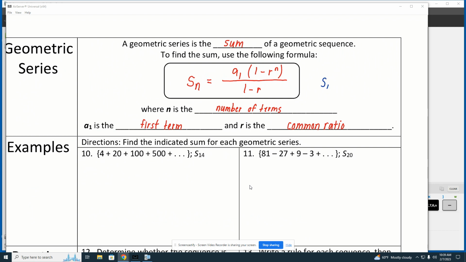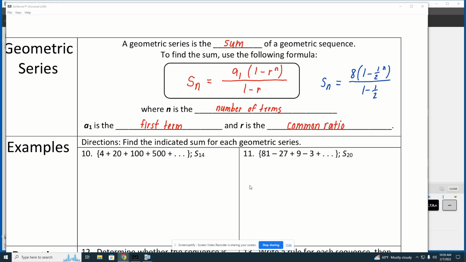For the equation, S sub n equals 8 times 1 minus 1 half to the n power over 1 minus 1 half, what is the common ratio? 1 half.